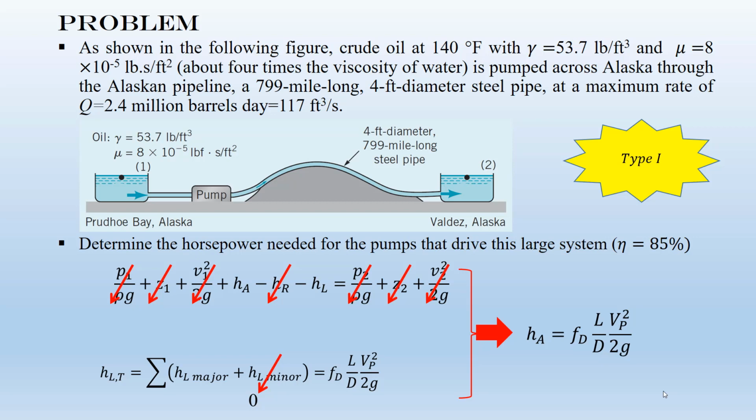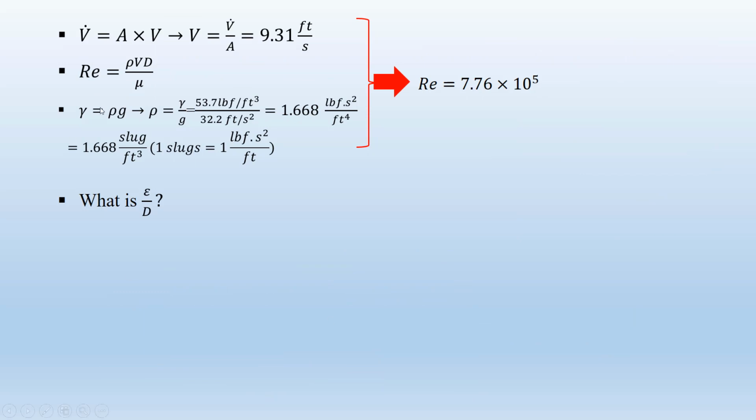To find the friction factor, we need the Reynolds number and also the relative roughness. Let's see if we have the relative roughness. We have nothing here, so probably we need to find the relative roughness. To calculate the friction factor, the volumetric flow rate is known, so you can calculate the velocity from the volumetric flow rate.